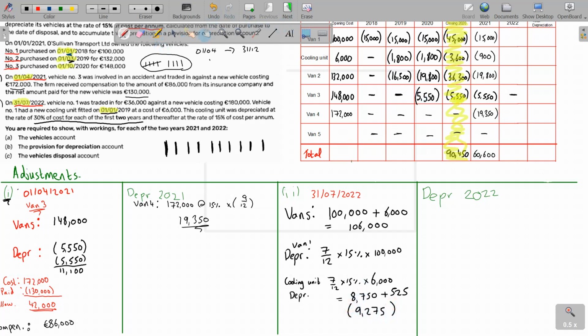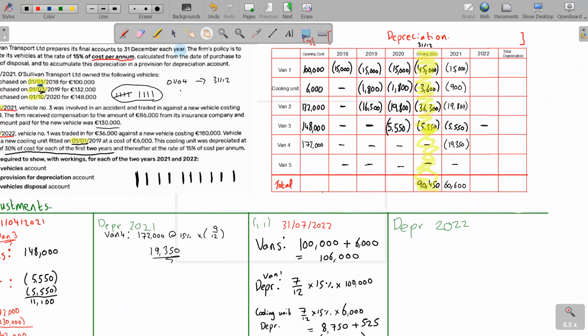So we can actually put that back up here now. We know that the total depreciation for van 1 in 2022 is only 7 months, 8,750. And in the cooling unit, it's 525. So now we want the total depreciation, because whenever we're talking about a disposal, we have to put the cost, 100,000, as well as all the depreciation associated with it.